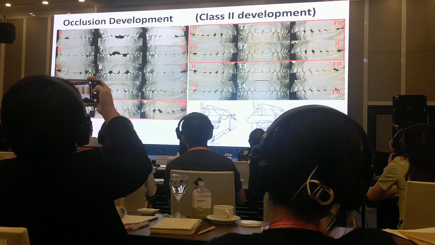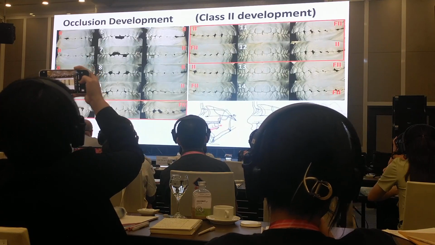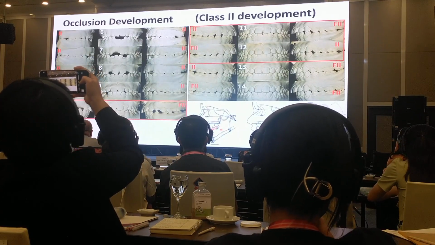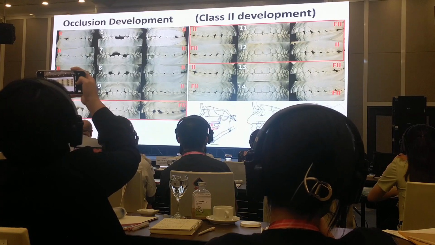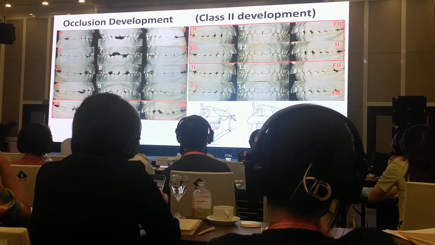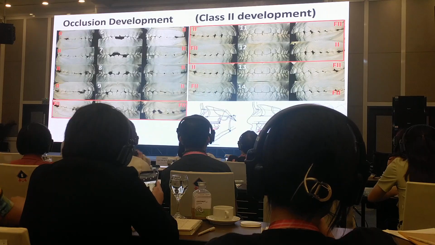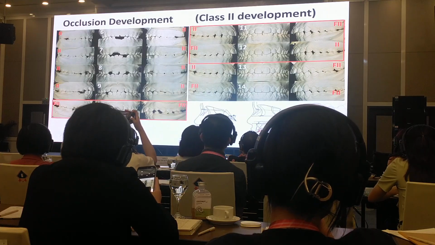Class 2 development usually, as I said before, has no increment of vertical dimension and almost no change of occlusal plane, so the mandible is very difficult to adapt to a forward position.